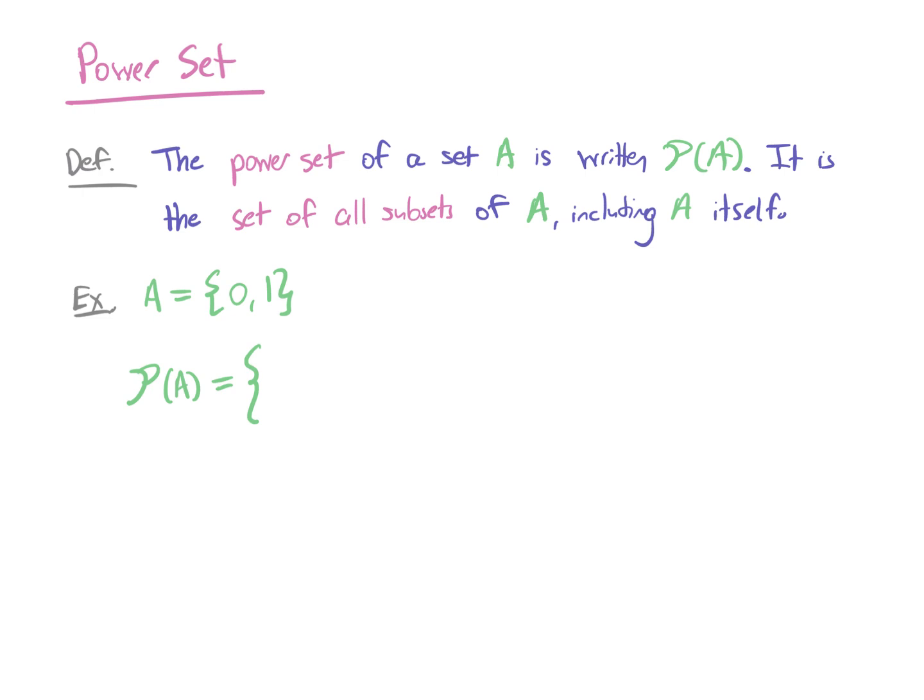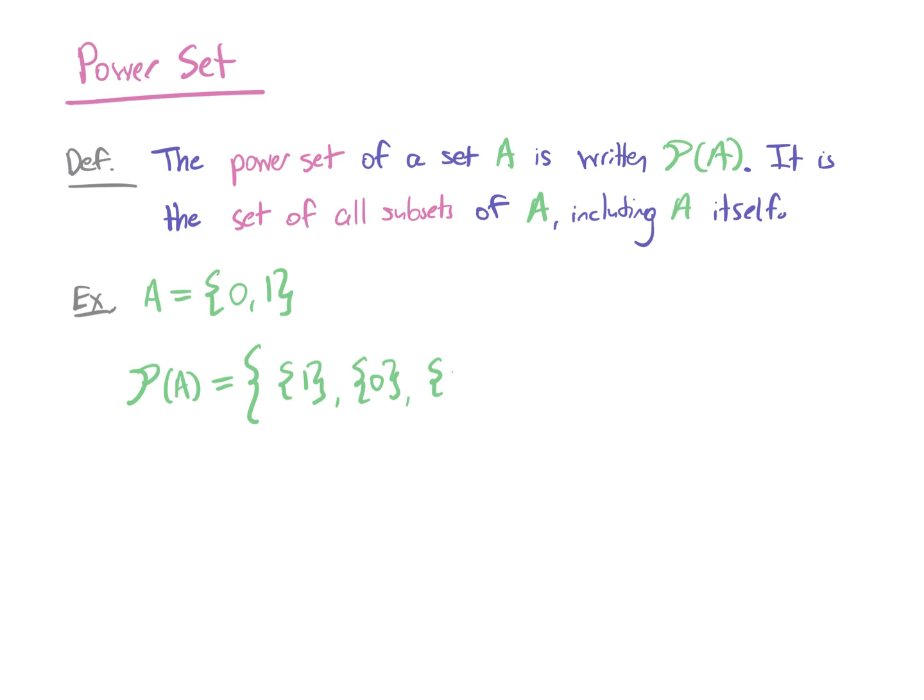So here's one subset of A. That's the set containing simply the element 1. Here's another one, the set containing simply the element 0. And then here's two more sets that are easy to forget, but also importantly belong in the power set. The first of these is the entire set A itself.